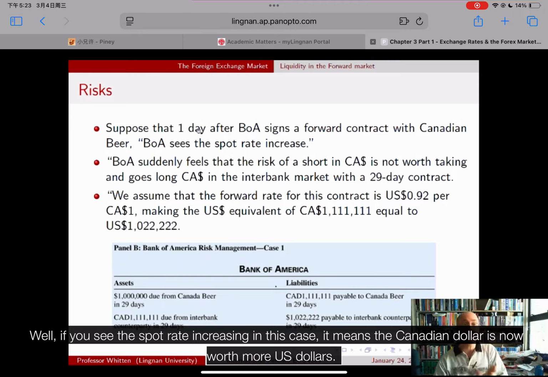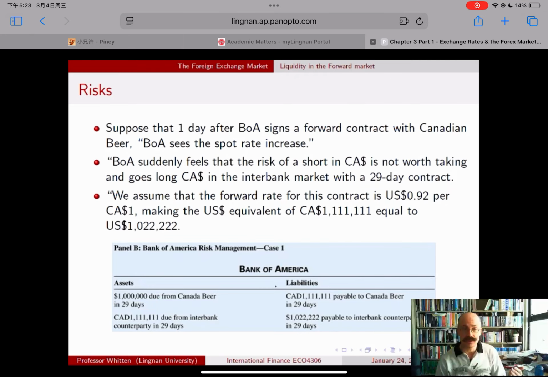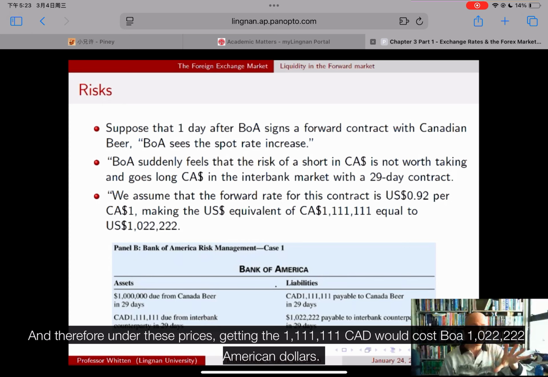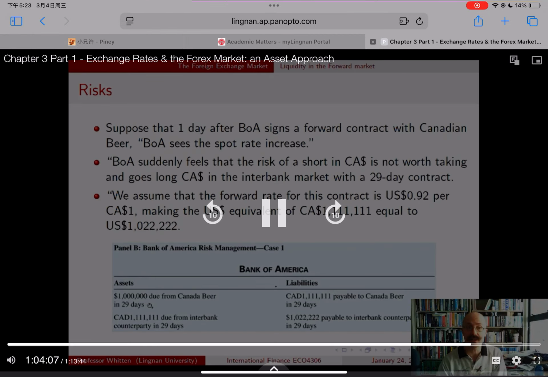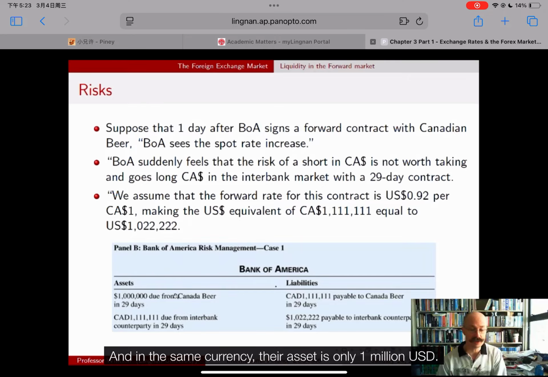If you see the spot rate increasing, it means the Canadian dollar is now worth more US dollars, and therefore under these prices, getting the 1,111,111 Canadian dollars would cost BOA 1,022,222 American dollars. So this is going to be a liability for BOA, and in the same currency, their asset is only $1 million USD.